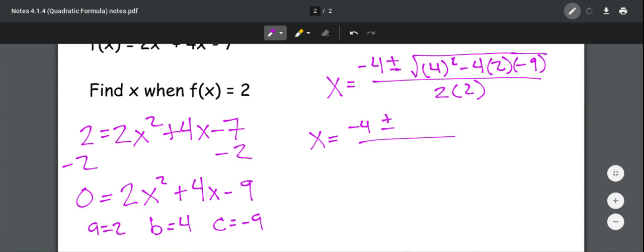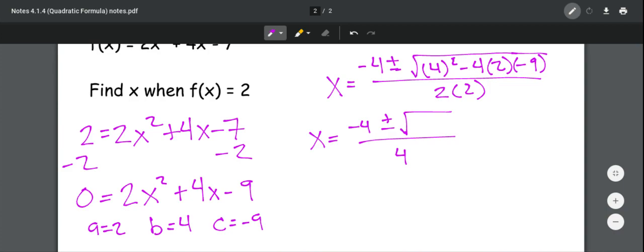So how I want you to solve first is figure out what goes under the square root. Do not put square root in your calculator right away. If you do, whenever we get imaginary numbers, it's not going to work and it's going to say error and it's just going to be a lot of work.